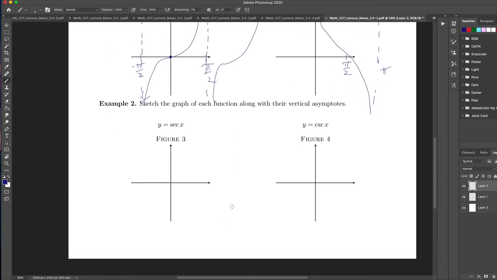For secant, secant is 1 over cosine of x. And so here, if we just draw in here, we just choose green. We'll draw in one period. So here we'll have pi, here we'll have 2 pi.